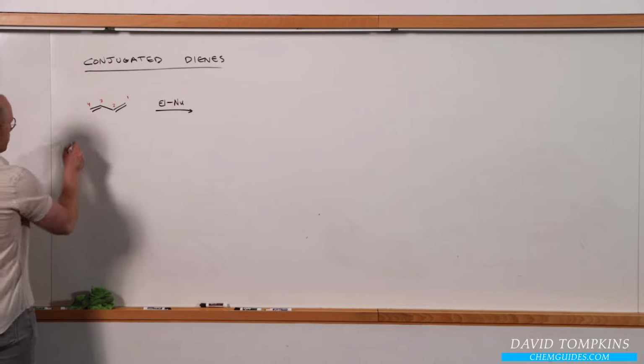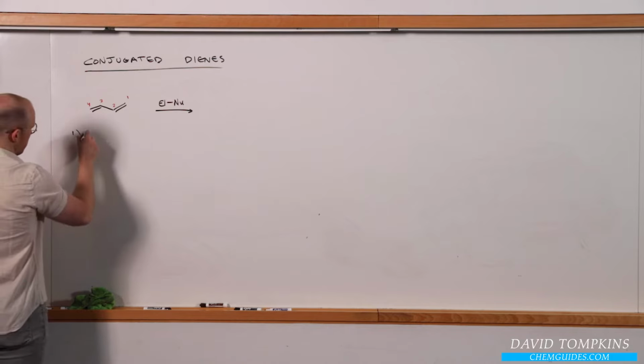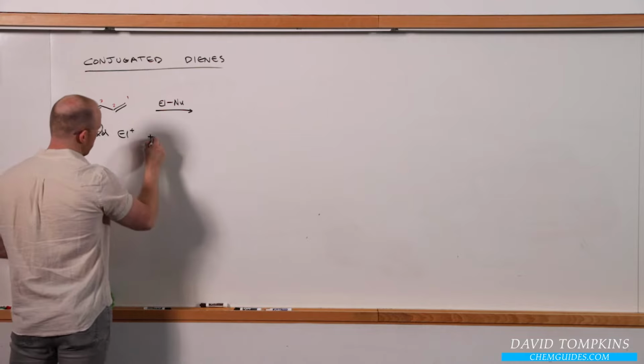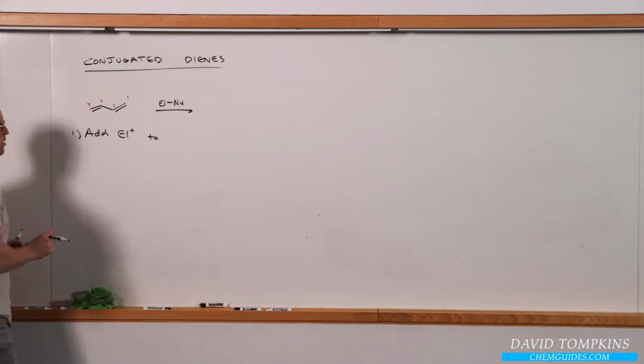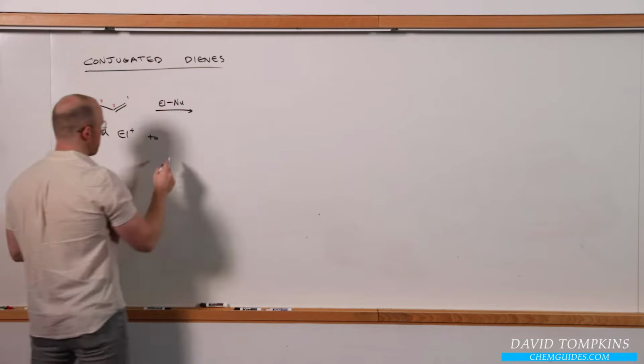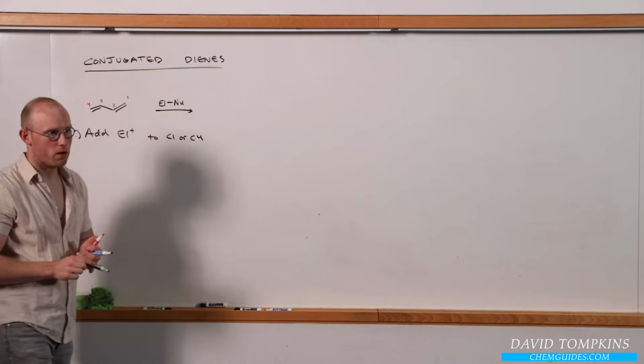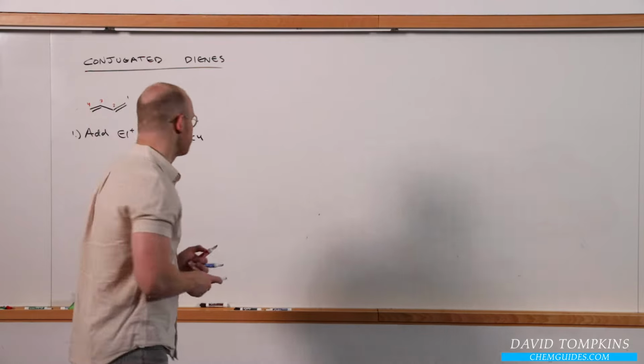What you want to do is always first add the electrophile to one of the two ends, one of the termini, either C1 or C4, and you don't have to try both unless it's not symmetrical.